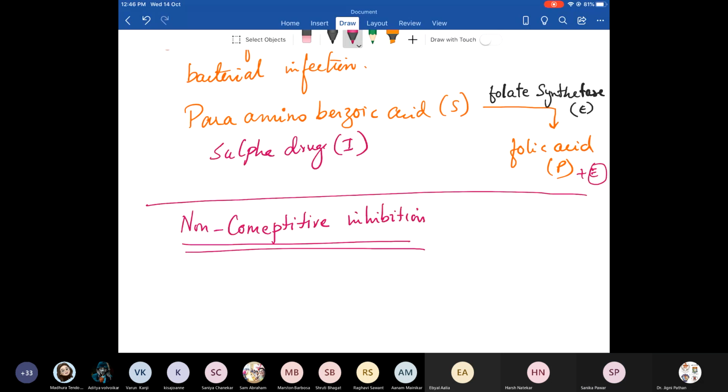You're welcome. Now, non-competitive inhibitor: the structure of S and I are dissimilar.